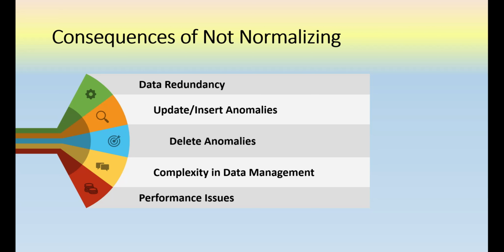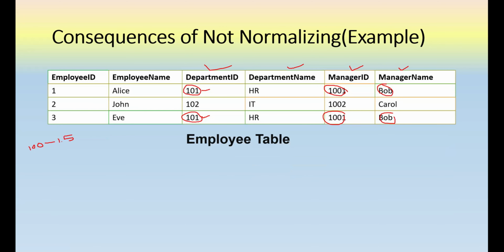And now let's discuss the anomalies: update, insert, and delete anomalies. Take the update anomaly. If the HR department name changes, it must be updated in every row where it appears.